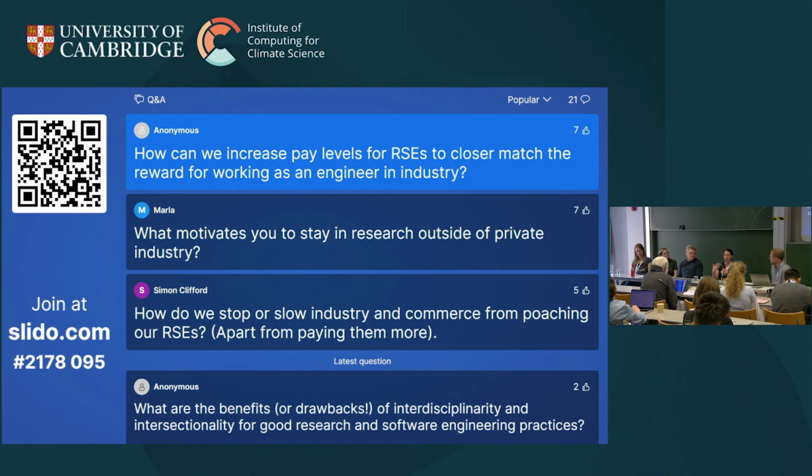So we probably can't make it as good as industry. I agree that we should be trying to make it better. In the meantime, or in addition, we should also be maximising what we can offer in terms of recognition, in terms of flexible working, in terms of making it a nice environment to work in and a really positive experience to work as an RSE.